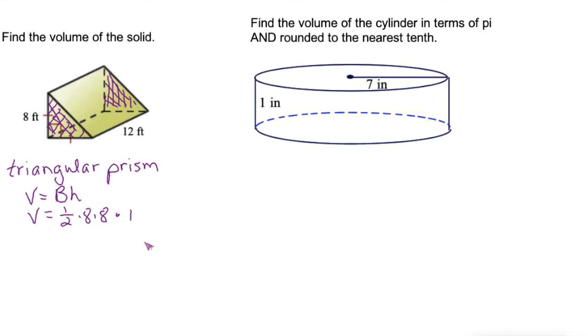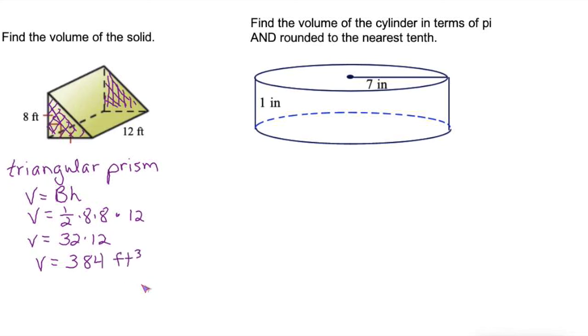The height is the distance between the bases, which is 12. So the area of the base, 1/2 times 8 times 8, that's going to be 32, times your height, which is 12. So that gives us for the volume 384.